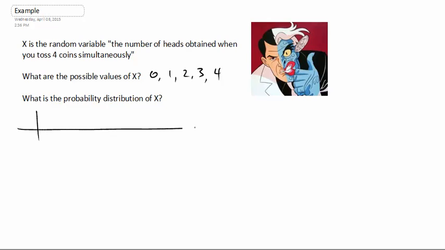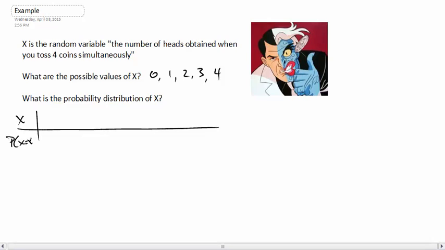So our probability distribution, and this is a capital X equals lowercase x, we're going to have a 0, 1, 2, 3, 4, and that's it. Now we just have to find the probability of each of these things happening. And somehow we need to count up all these outcomes.